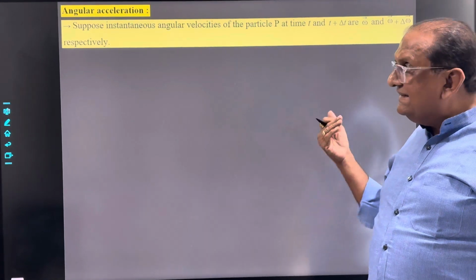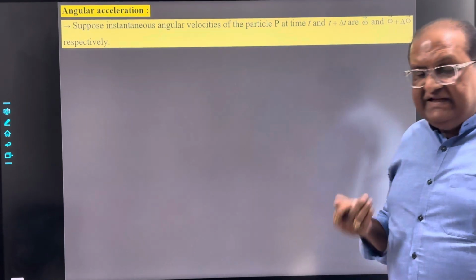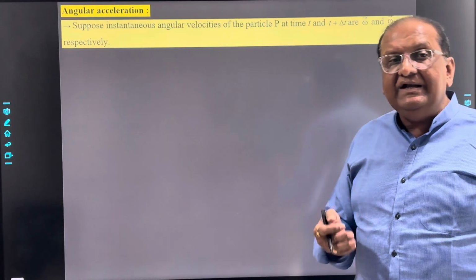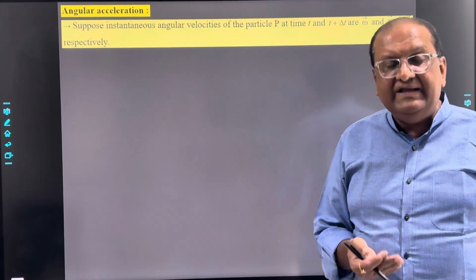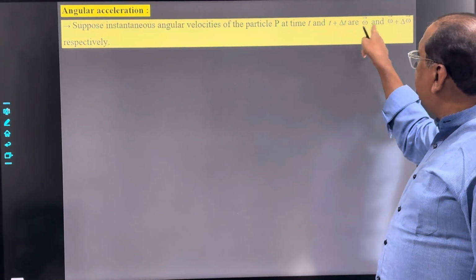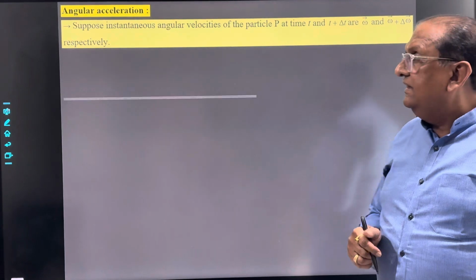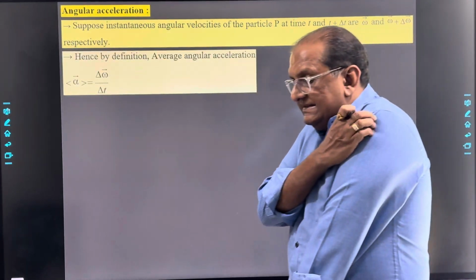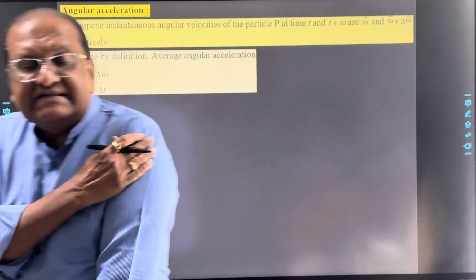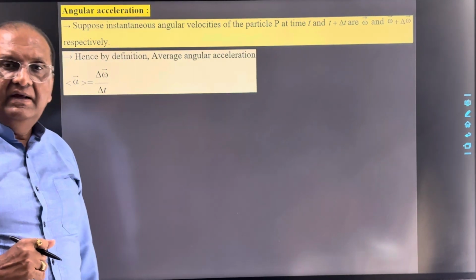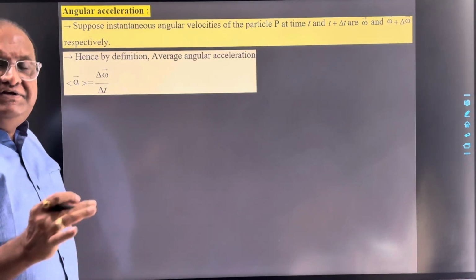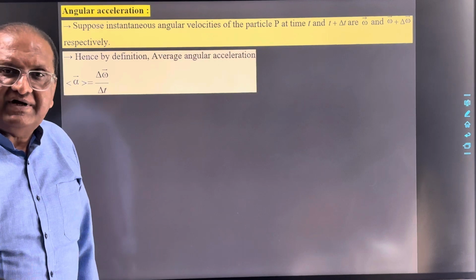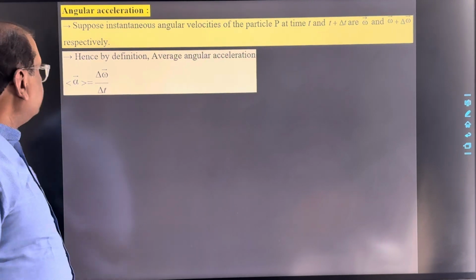So we can say the change in angular velocity in time interval delta t is delta omega. As per the definition, average angular acceleration is the change in angular velocity upon the time interval.